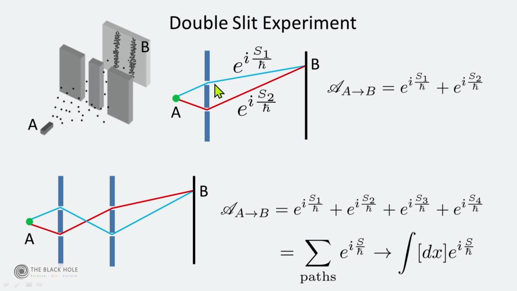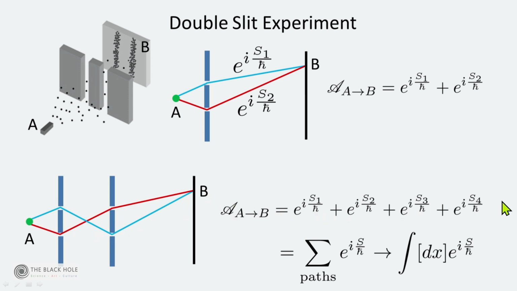Well, I can repeat this experiment and use two double slits. So here there are 4 paths. I've only shown 2, but there's this path as well, going from here to here, here to here, here to here. So that's path number 3. Here's path number 4, here to here, here to here, here to here.